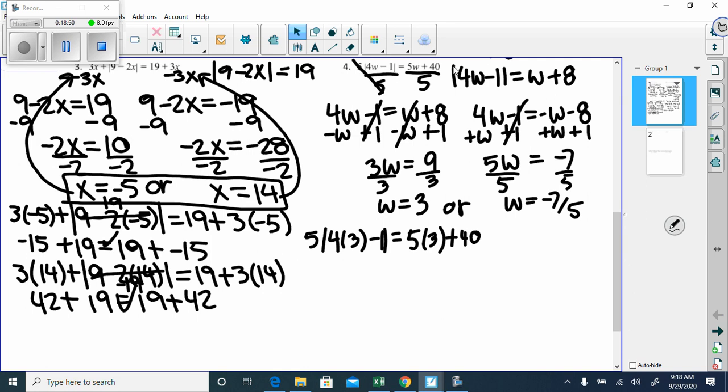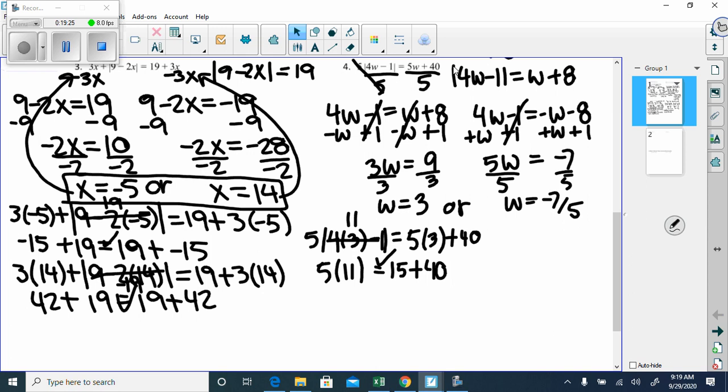Well, over here I've got 4 times 3, which is 12, and 12 minus 1, which is, so all of this became 11 inside the absolute values. The absolute value of 11 is just 11. So I've got 5 times 11, and over here I've got 5 times 3, which is 15, plus 40. Well, what is 5 times 11? And what is 15 plus 40? So it worked out.